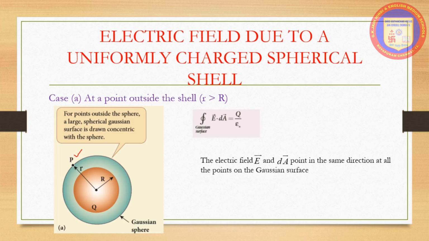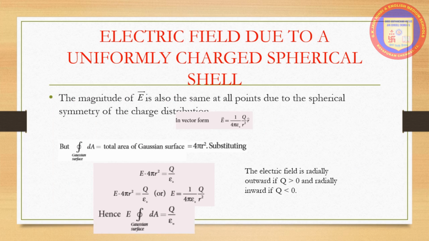Applying Gauss law, the integral over the Gaussian surface of E dot dA is equal to q by epsilon naught. The electric field E and dA point in the same direction at all the points on the Gaussian surface. The magnitude of E is also the same at all points due to the spherical symmetry of the charge distribution.